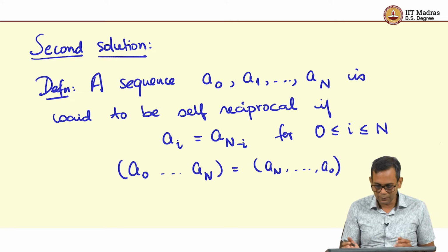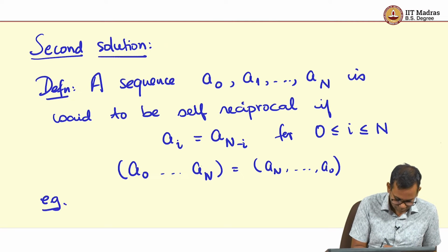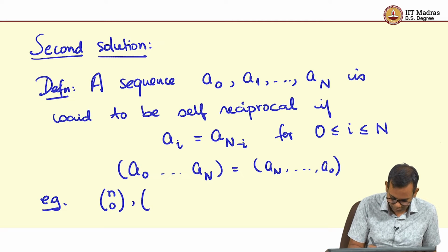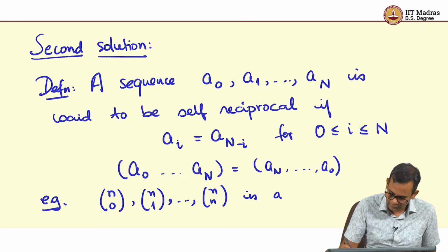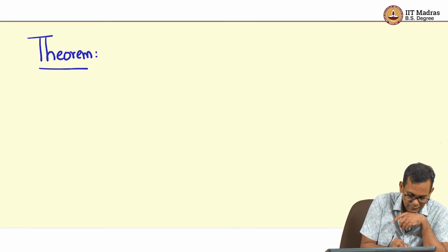For example, binomial coefficients, this is a self-reciprocal sequence. So, here is a general theorem about self-reciprocal sequences.